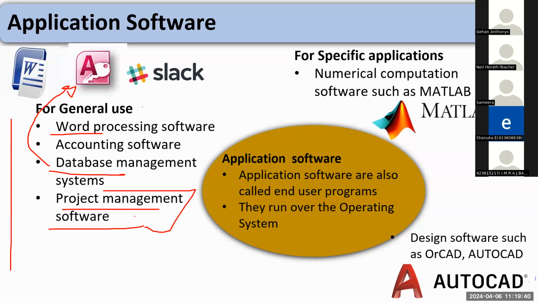And there is some application software which runs on the operating system, because as I said earlier, without the operating system you cannot communicate with any hardware components. Without the operating system, even the computer cannot identify the hardware. And there are also some user programs, which are application software.